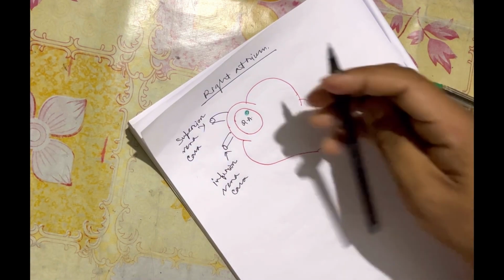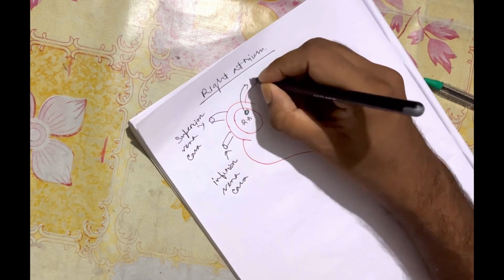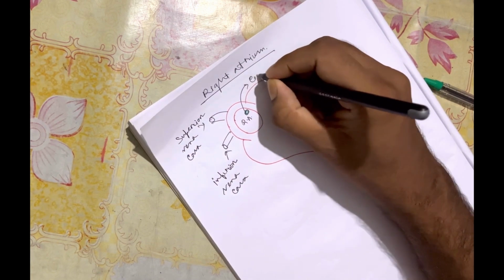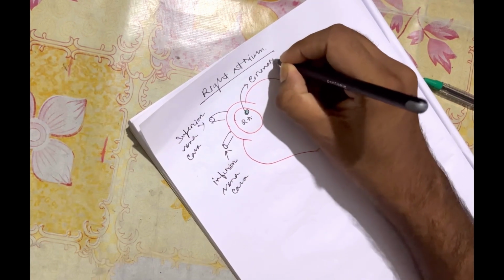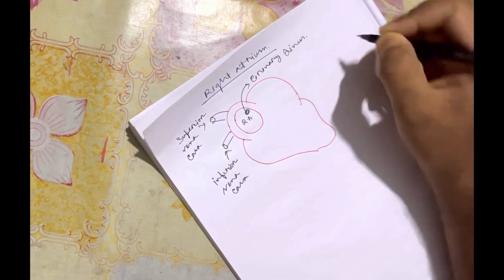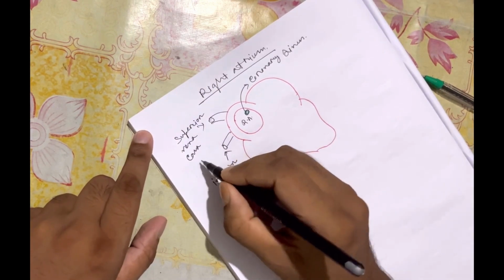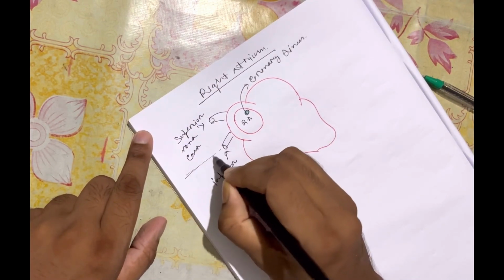And what is the green dot over here? This is a kind of sinus, the name of which is coronary sinus.